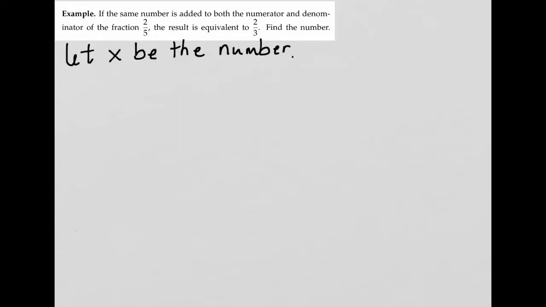Going over the statements again, if the same number, which is x, is added to the numerator and denominator of 2 over 5, the result is 2/3. This is a rational equation. Let us solve it for x.